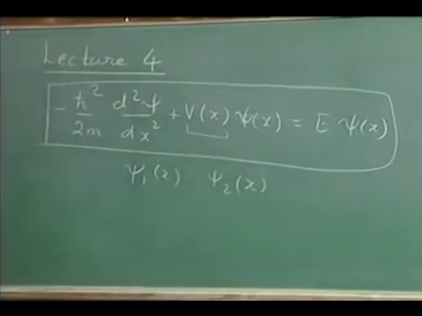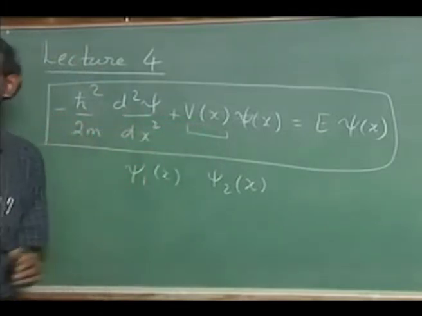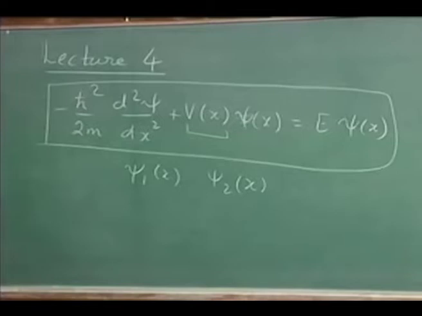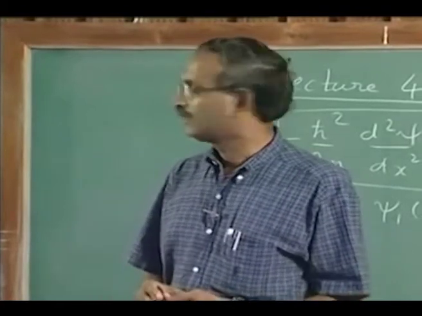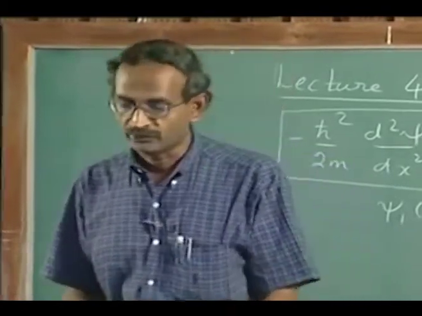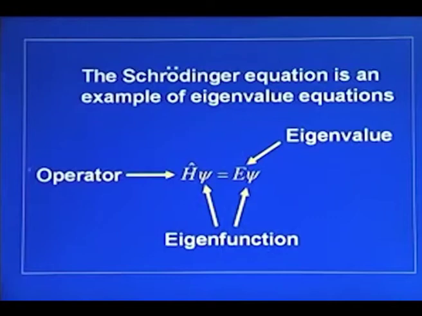When you solve differential equations of this kind, the Schrodinger equation particularly, the mathematical terminology associated with it is that it is an eigenvalue equation. The eigenvalue meaning there is a class of equations, differential equations in mathematics.